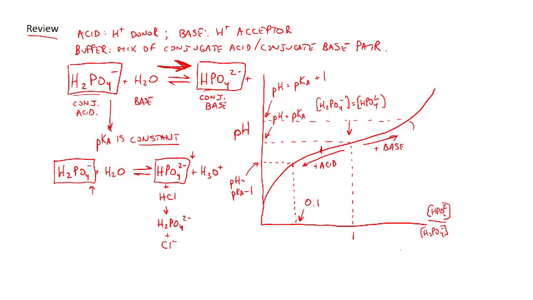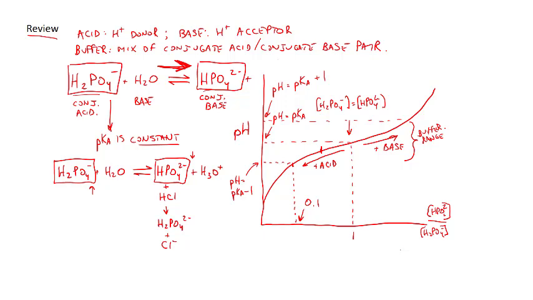So this zone here in the middle, where our curve is relatively flat, is what's called the buffering range. And that's the zone of pH in which your buffer is fairly resistant to change in pH.